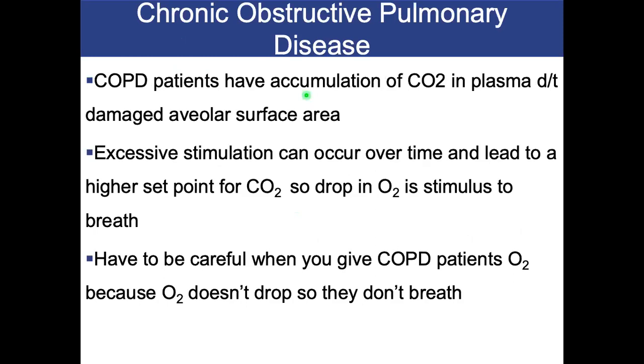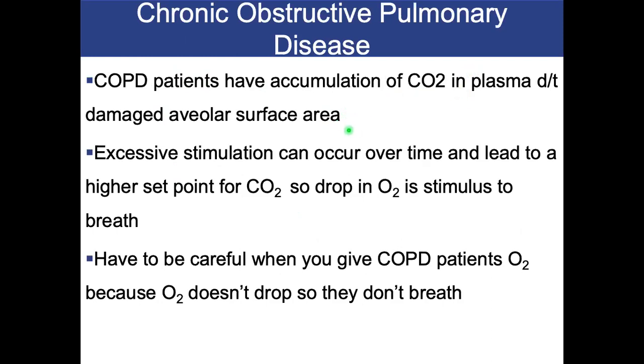With chronic obstructive pulmonary disease, let's cover COPD. Chronic obstructive pulmonary disease means that they have damage of the lung lining, so they can't get out the CO2. So they have an accumulation of CO2 over time in their plasma because they have that damaged alveolar surface area.